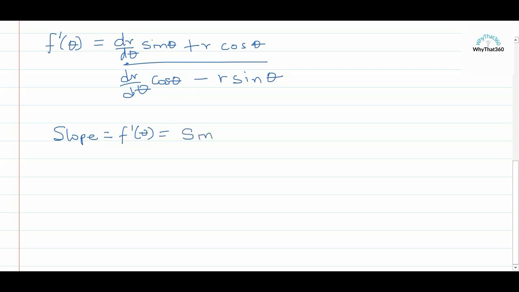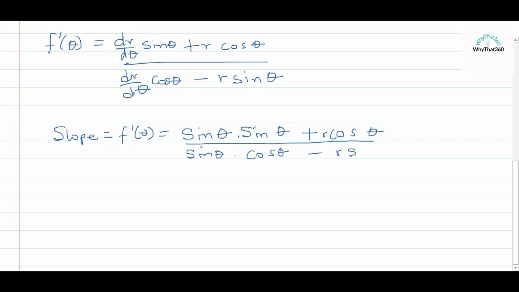We are substituting the value of the dr d theta here, which is sine theta multiplied by sine theta, plus r cos theta, and the whole of this divided by sine theta multiplied by cos theta minus r sine theta.